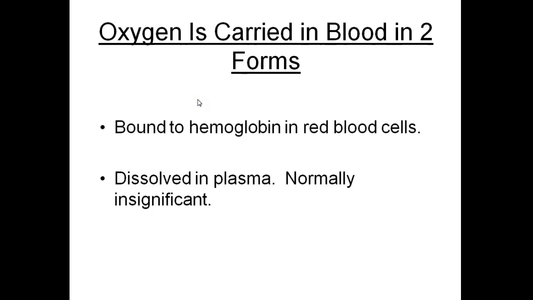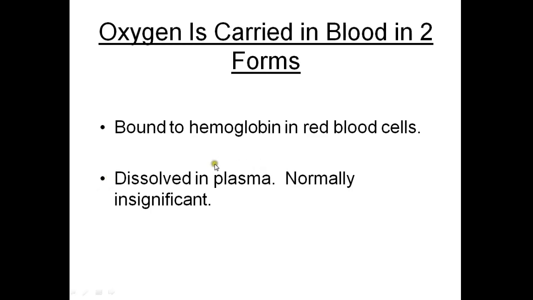Now oxygen is carried in the blood in two forms. It is bound to hemoglobin as oxyhemoglobin. Hemoglobin is present in the red blood cells. Or it might be dissolved in plasma, which is normally insignificant because oxygen is not water soluble, so it has a very low solubility coefficient and does not dissolve in the plasma water.